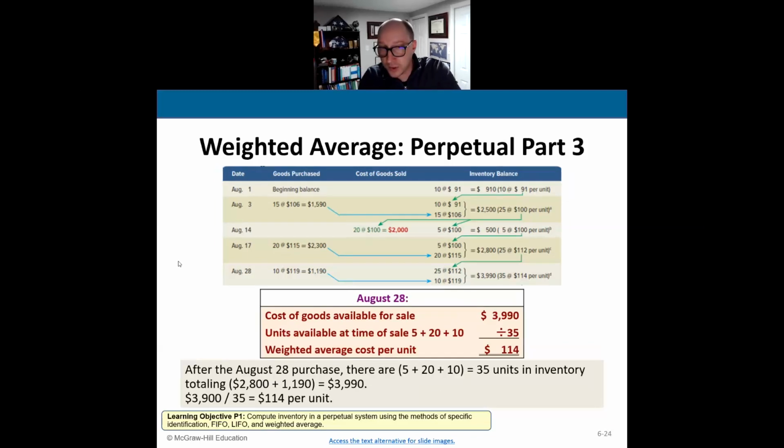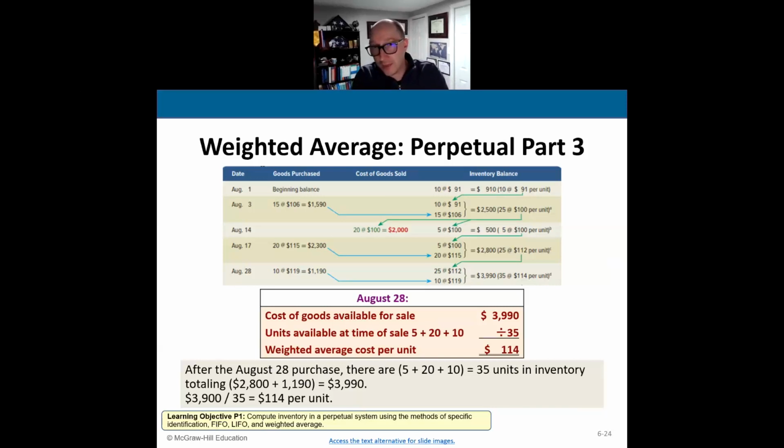On August 28th, I purchased an additional 10 bicycles at 119. I do that same process again. I add it in to the existing 25, so 10 at 119. I get 3,990 divided by my new inventory of 35 bicycles, gives me $114 per bicycle.